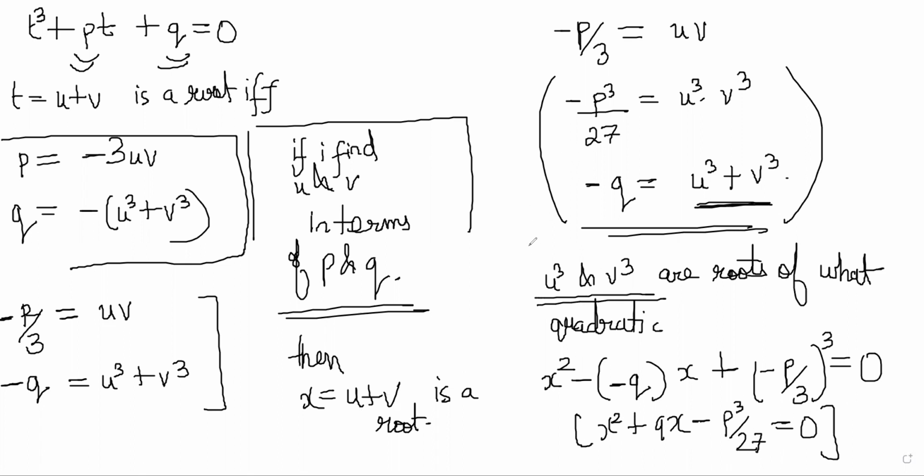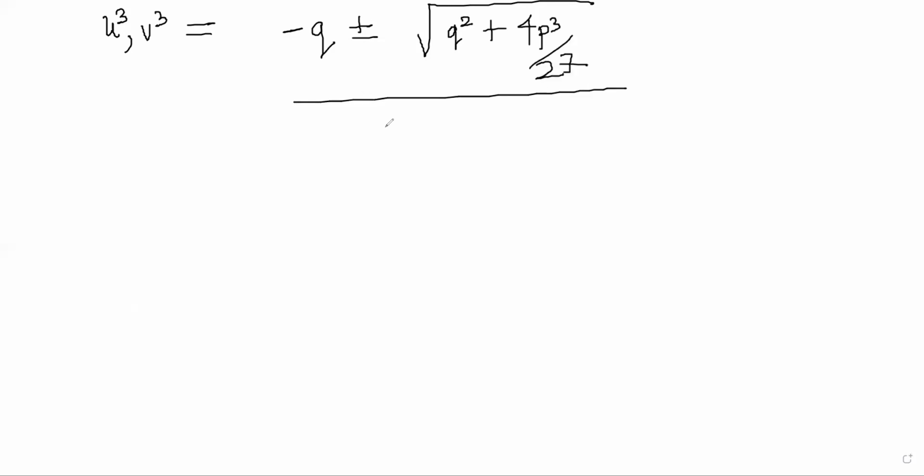So I will do that on the next screen. Now you can find u cube and v cube from here, right? So u cube comma v cube will be just the roots of this quadratic, which will be minus q plus minus root over b square minus 4ac, which becomes q square plus 4p cube by 27, all by 2.